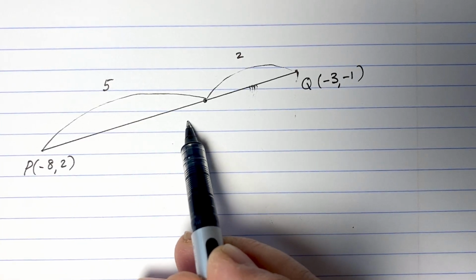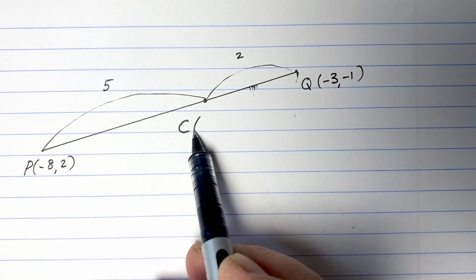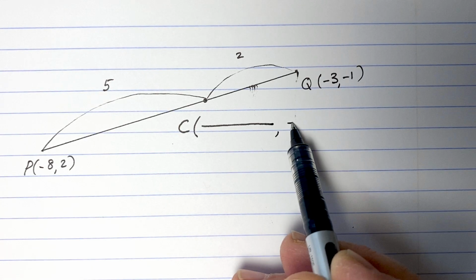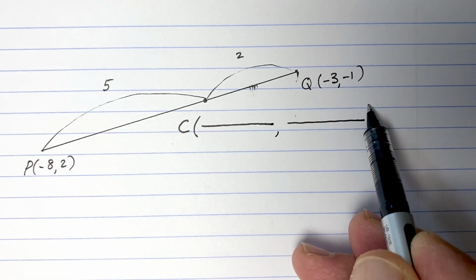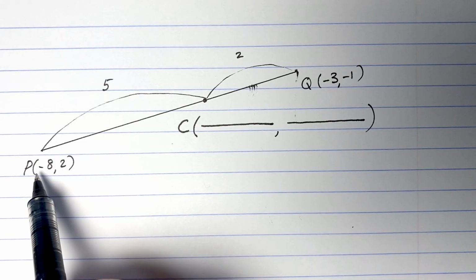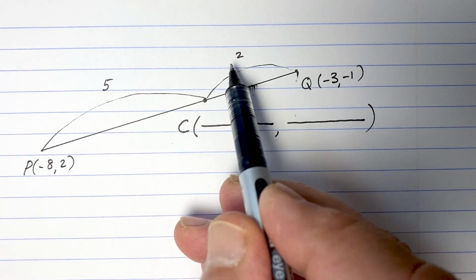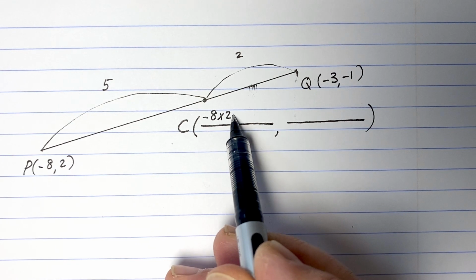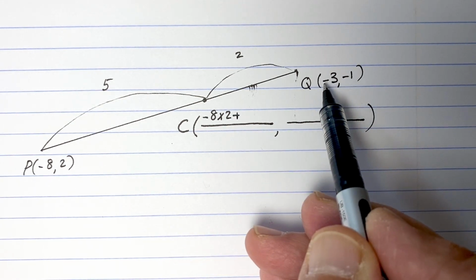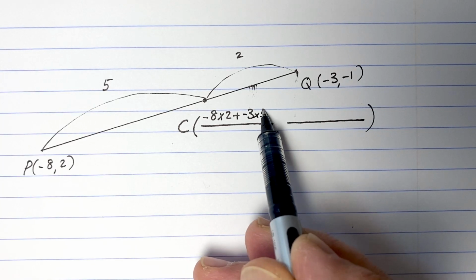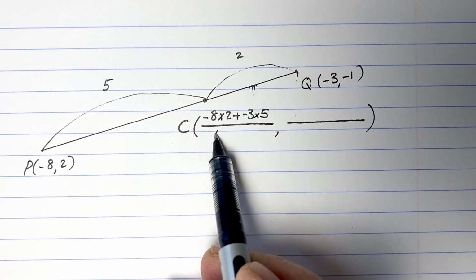I want to know its coordinates. This is the calculation for the x coordinates, and this is for the y coordinates. Starting with the x coordinates: -8 times 2 plus -3 times 5, divided by 5 plus 2.